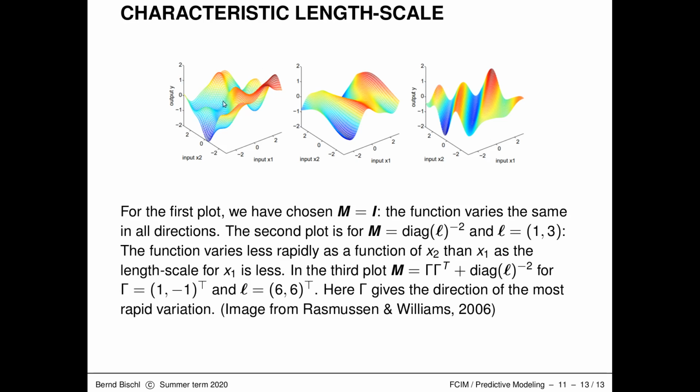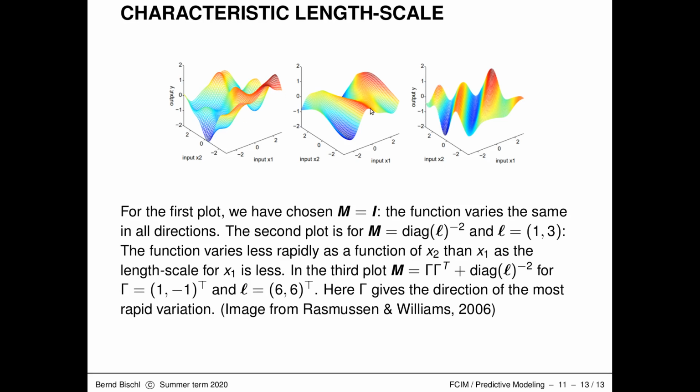I have this length scale parameter at my disposal, and I can change the wiggliness and the speed of the varying of the function. But I can only do this on a global level for all input dimensions at the same time. And you can also see here that my function varies the same in both directions, x1 and x2.